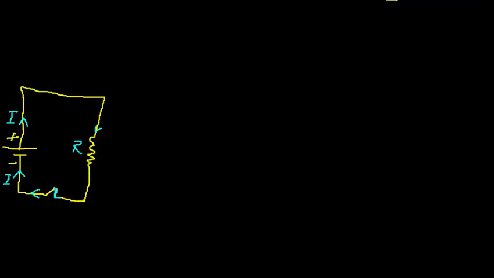Now let's compare it to some mechanical analogy of how this current flows in a circuit. Let's assume that this is the ground, the zero level, and we have one building of some height.